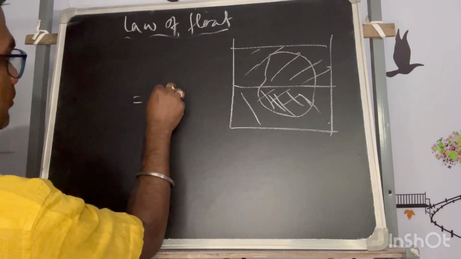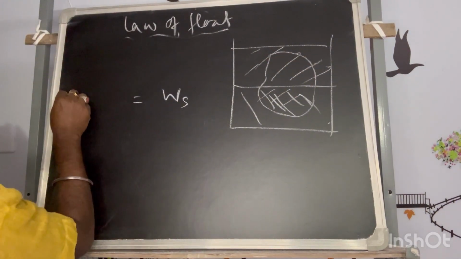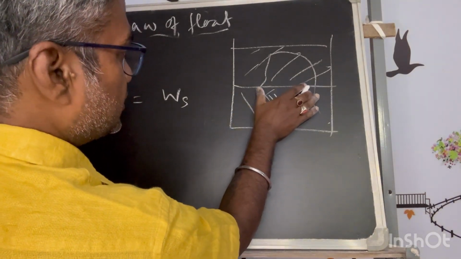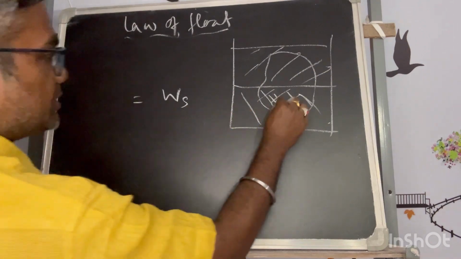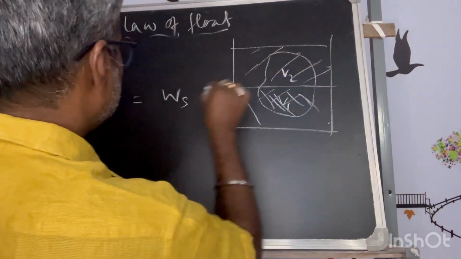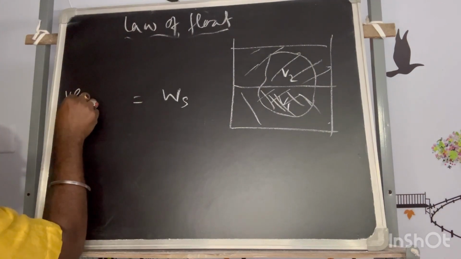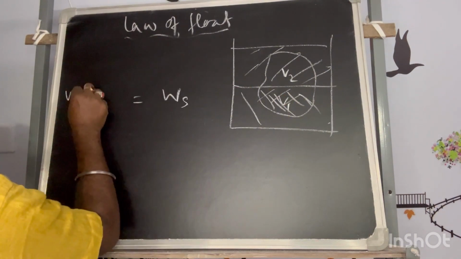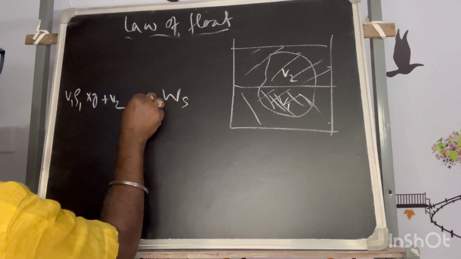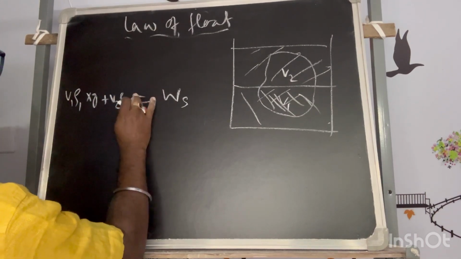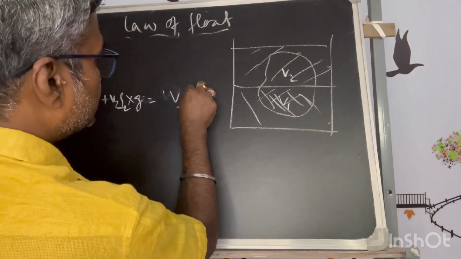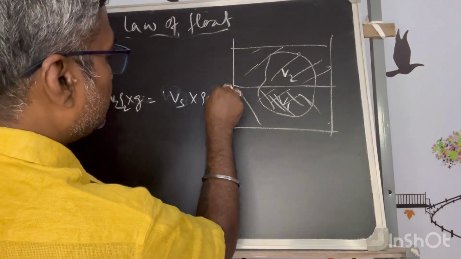That means the weight of the body must be equal to, as per the theory, the fluid displaced. If this is fluid 1 and this is fluid 2, then volume 1 into the density of fluid 1 into G plus volume 2 into the density of fluid 2 into G is equal to the volume of solid into density of solid into G.